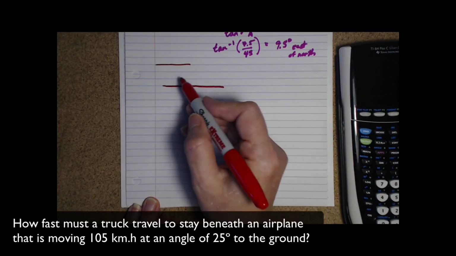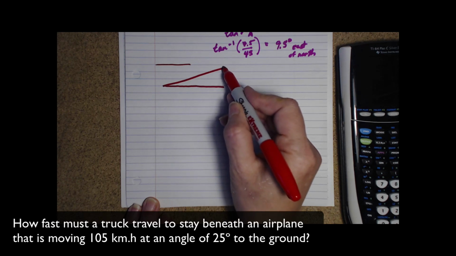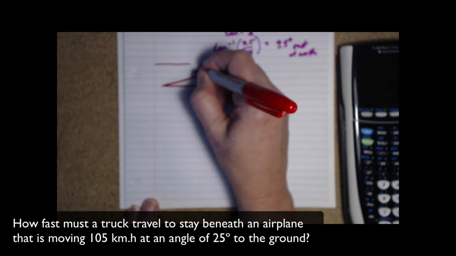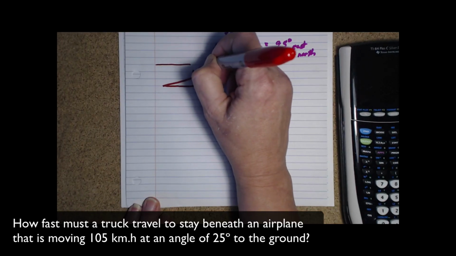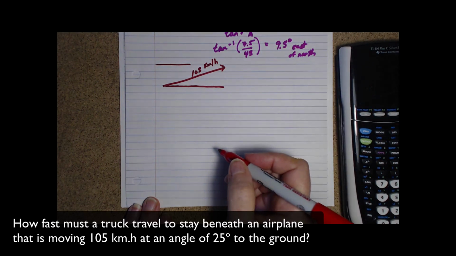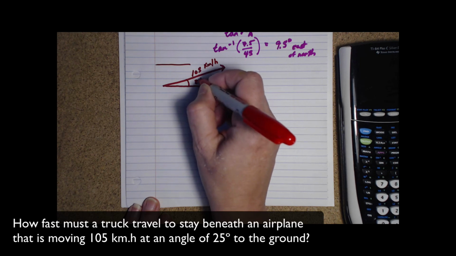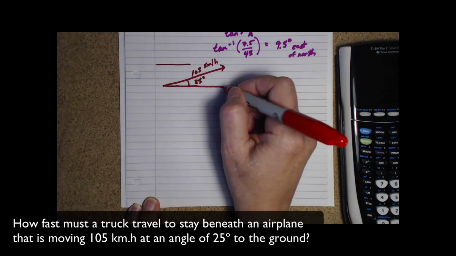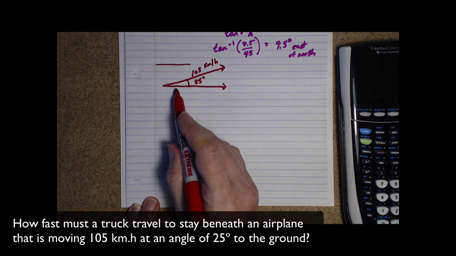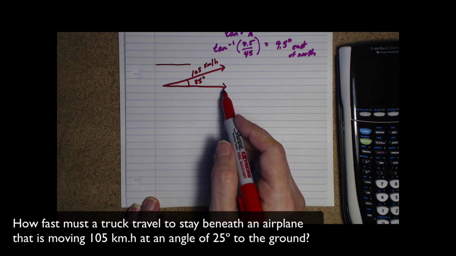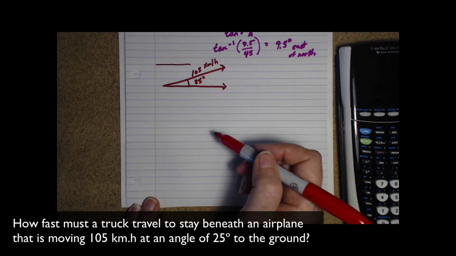Here's the ground, here's the airplane, and we know the airplane is traveling 105 kilometers per hour. We know the angle of the plane is 25 degrees. What we want to know is this bottom component vector, which will be the speed of the truck as it travels directly underneath the airplane.